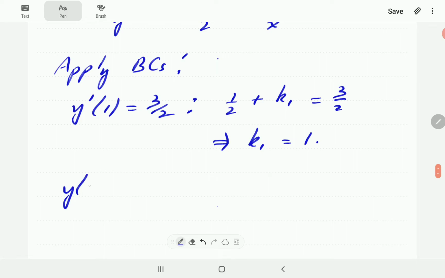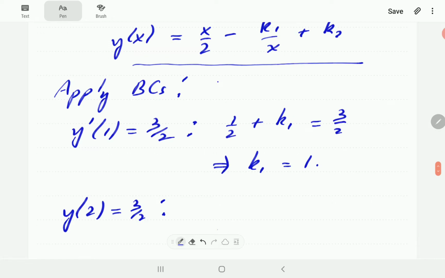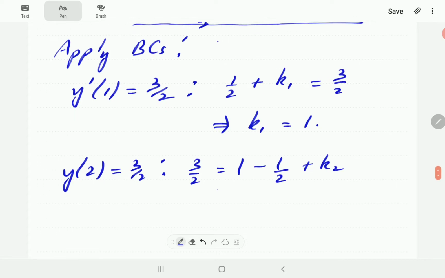Then when x is 2, y is 3/2. So we're going to substitute that here. The left hand side is 3 over 2. When x is 2, this first term is going to be 1, k1 is 1, so that's going to be 1 over 2 because x is 2, then plus k2.